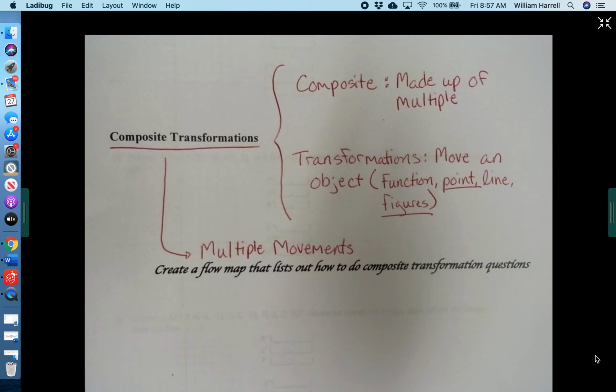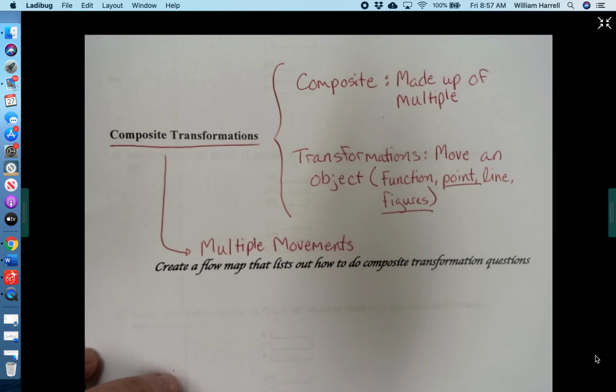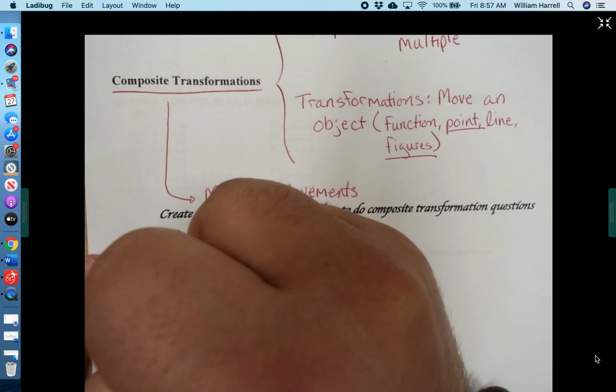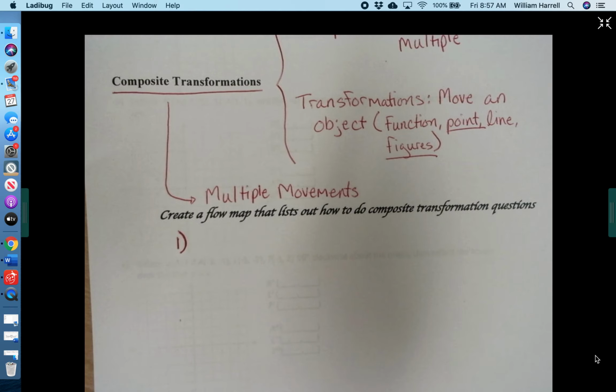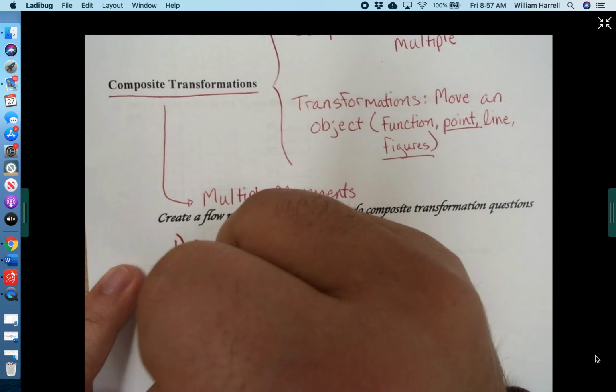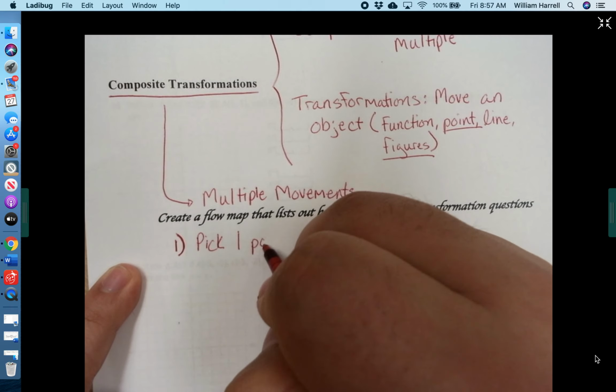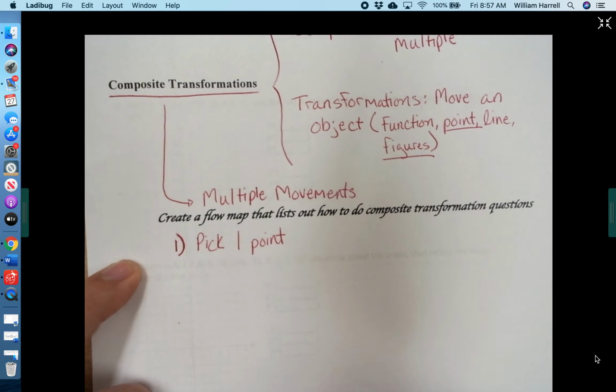For actually completing these problems, I'm going to go through a flow map to help y'all, and it's very simple. First thing, you pick one point. It doesn't matter which: A, B, C, D, E, F, G. Just pick one.